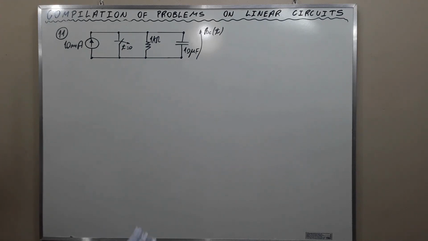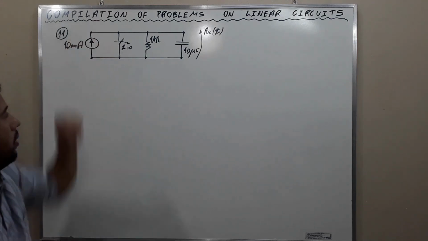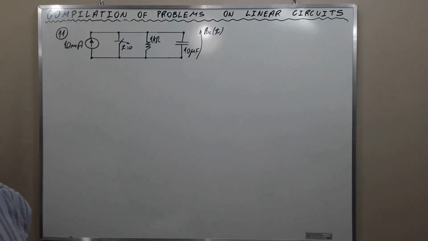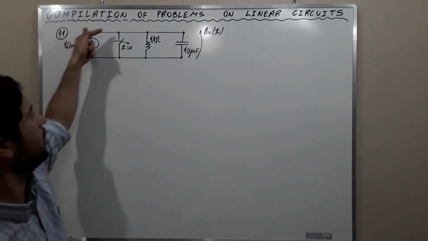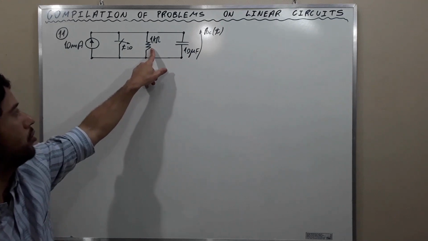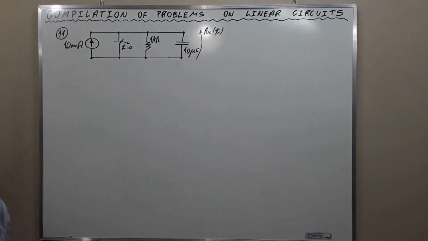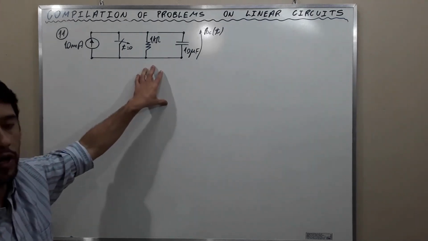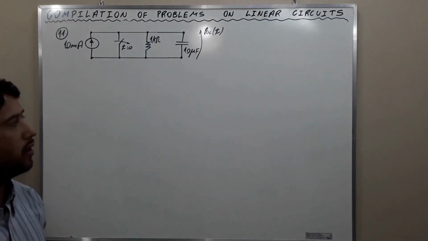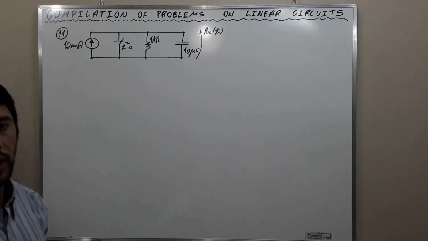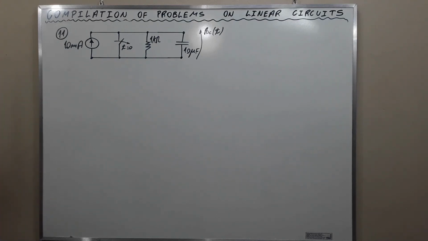However, after the switch opens, we put an end to the short circuit and the current goes to the resistor and the capacitor, and after the circuit reaches steady state, the capacitor behaves as an open circuit.